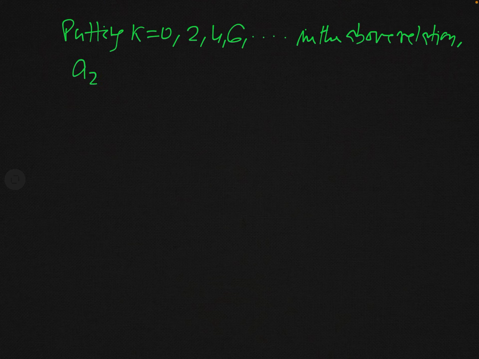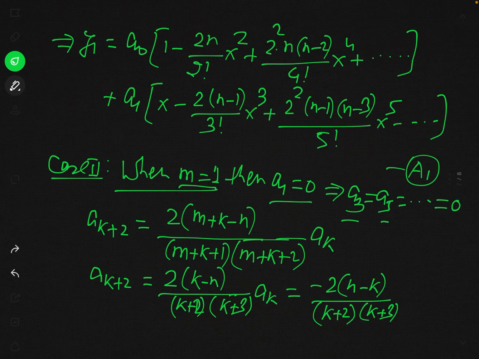You can see the first value, k is 0, so ak plus 2 will be simply a2, and k is 0, so you can see the RHS. This will be minus 2n over 2 times 3. And k is 0.